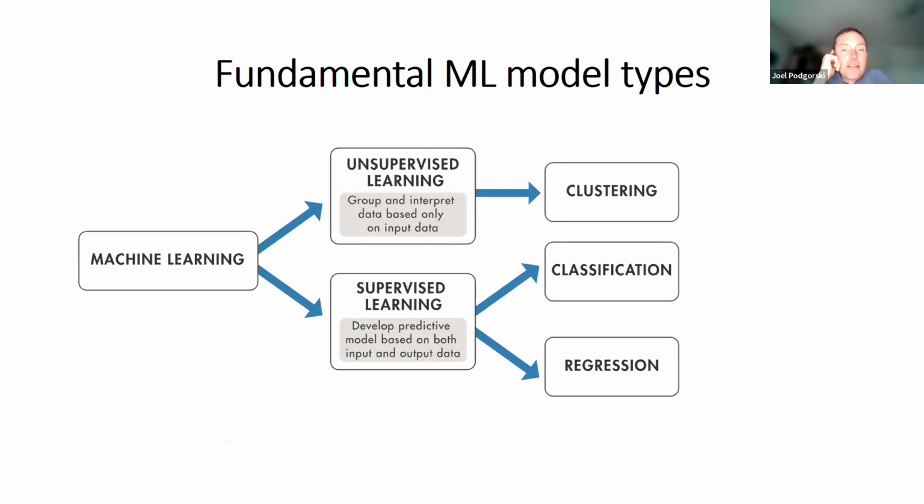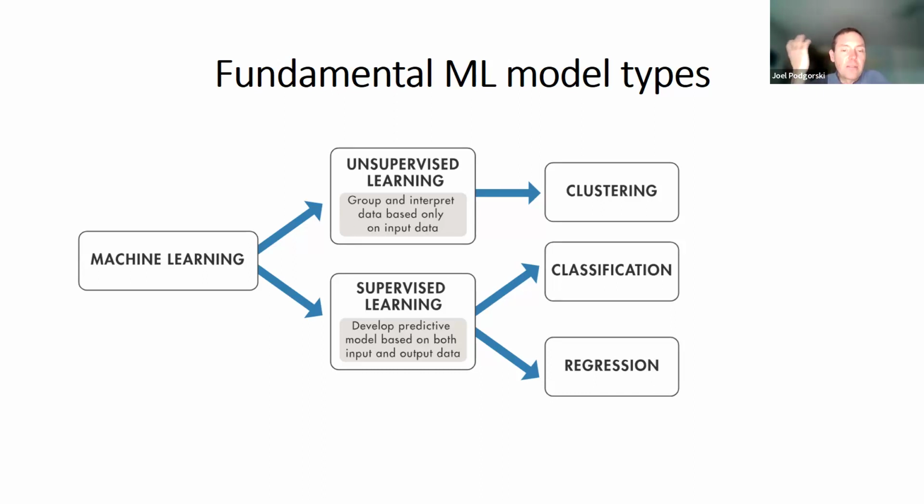Unsupervised is for grouping and interpreting data based only on the input data, without any input from you about how things should be grouped. I myself have never really used this. I haven't had the reason. It hasn't been necessary, but rather all of these other examples come into the category of supervised learning.